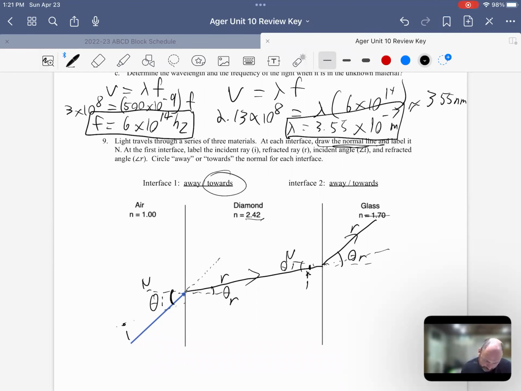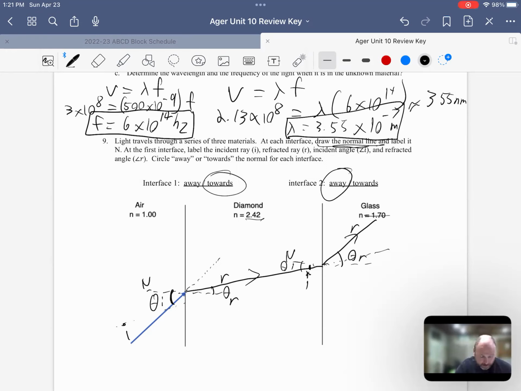This is my refracted ray, and we are now bending away from the normal because we're going from diamond, 2.42 index of refraction, into glass, 1.7. We're getting smaller, and so we're going to bend away to make a bigger angle of refraction than angle of incidence.